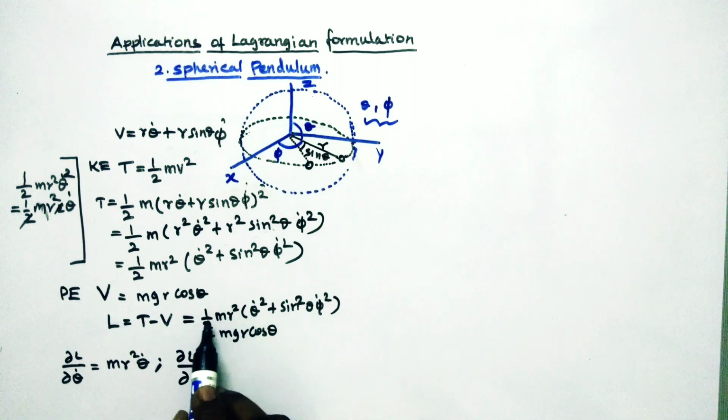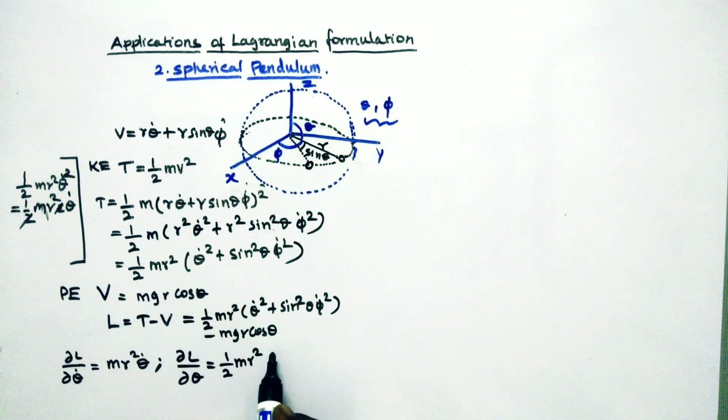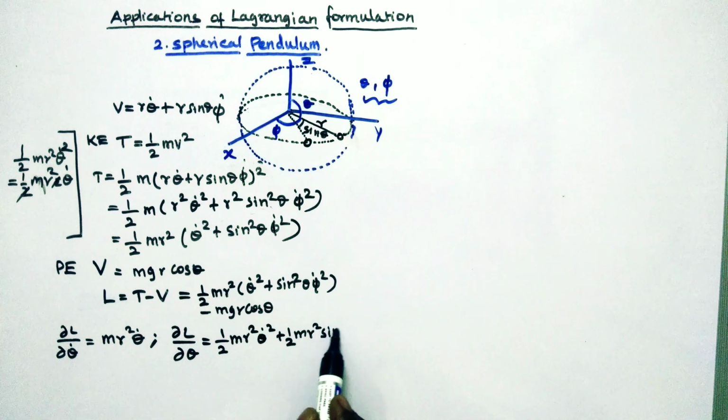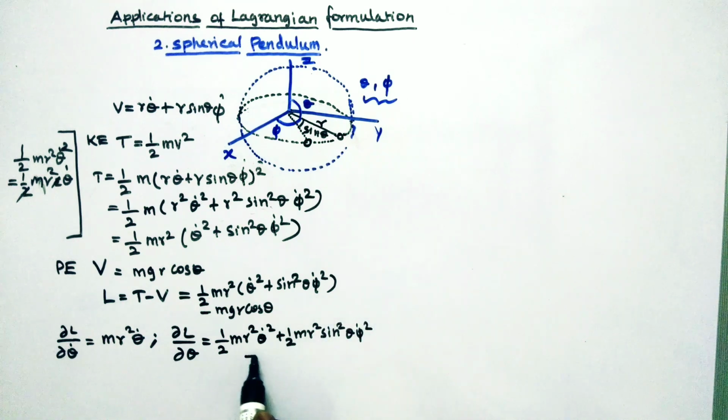again we put the half m r square inside the bracket: half m r square theta dot square plus half m r square sin square theta phi dot square minus m g r cos theta.